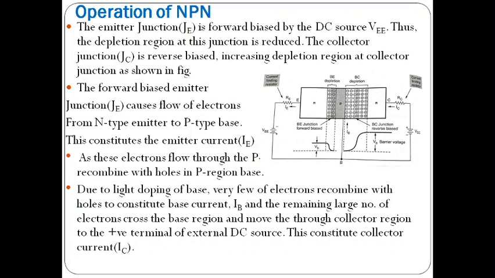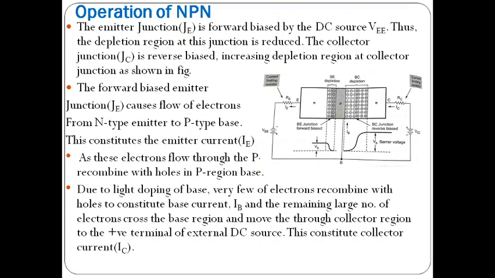Simply, we can consider it is n-type material. Now it is connected to the negative terminal of the battery by using the RE resistor. It is acting as a current limiting resistor, and the base p-type material is connected to the positive terminal of the battery here. So we can say that the emitter junction is in forward bias.